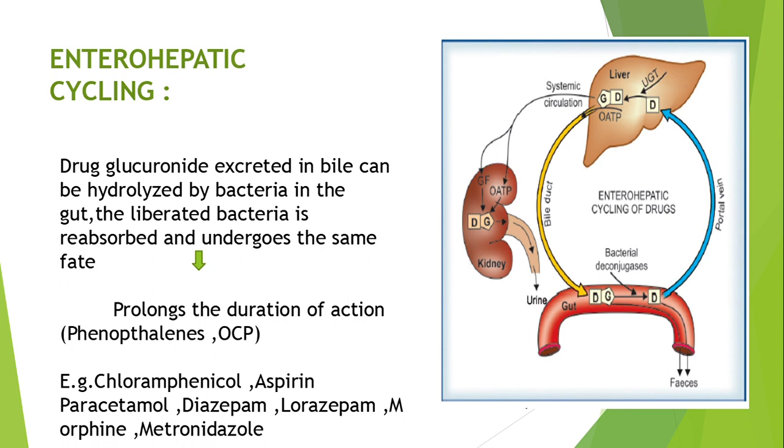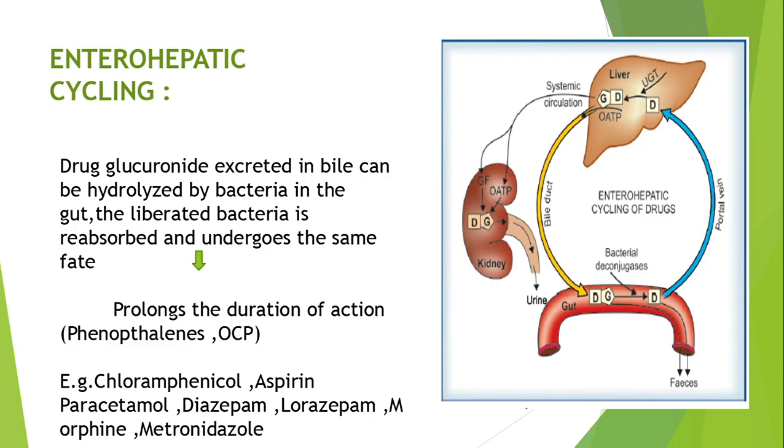Then it goes to the kidney, where in the presence of OATP the drug glucuronide conjugate is eliminated in the urine, and in the gut there will be drug glucuronide conjugate.